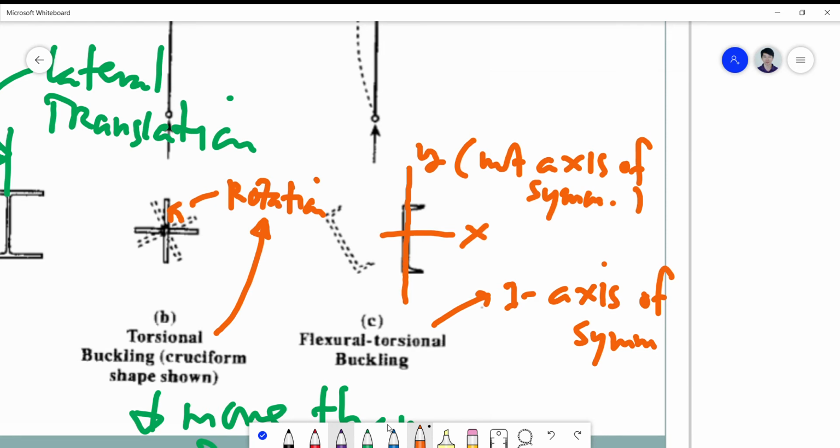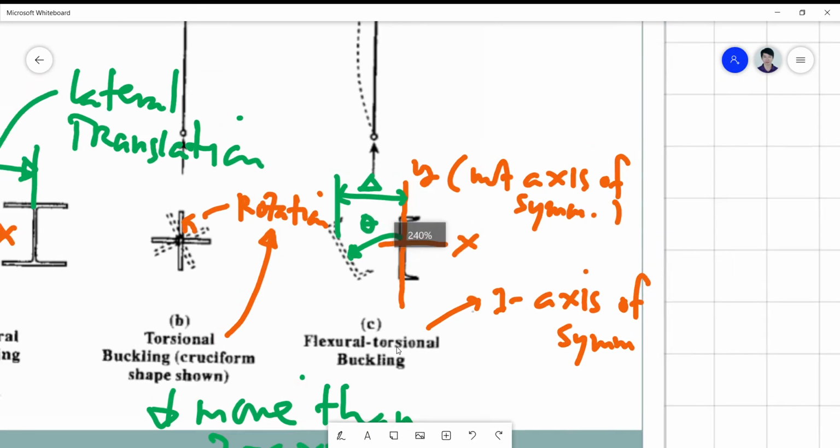So we have here translation, defined by this distance delta, plus rotation defined by this angle theta. So both the effects of torsion and flexure are combined in this flexural torsional buckling mode.